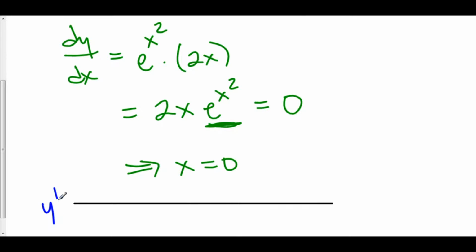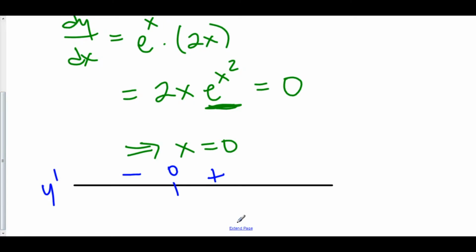So here's the graph of y prime, and here's x equals 0. To the left of x equals 0, how about negative 1? 2 times negative 1 times e to the 1, that's negative. How about to the right of 0? Like positive 1. 2 times 1 times e to the 1, that's going to be positive.